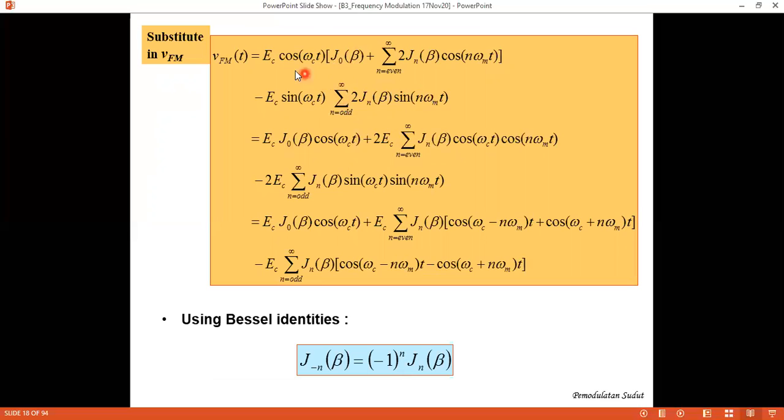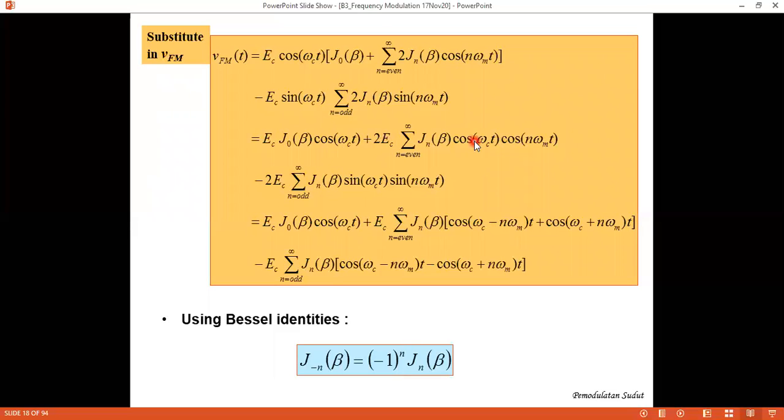We expand it further, multiplying with Ec cos omega_c t. So Ec J0(beta) cos omega_c t plus 2 Ec cos omega_c t Jn(beta) cos n omega_m t. And the below part is minus 2 Ec Jn(beta) sin omega_c t sin n omega_m t.